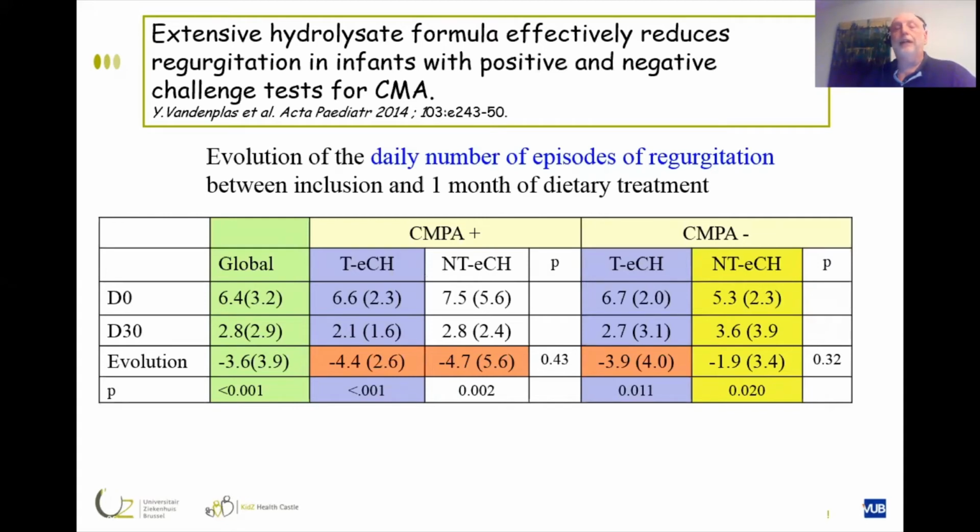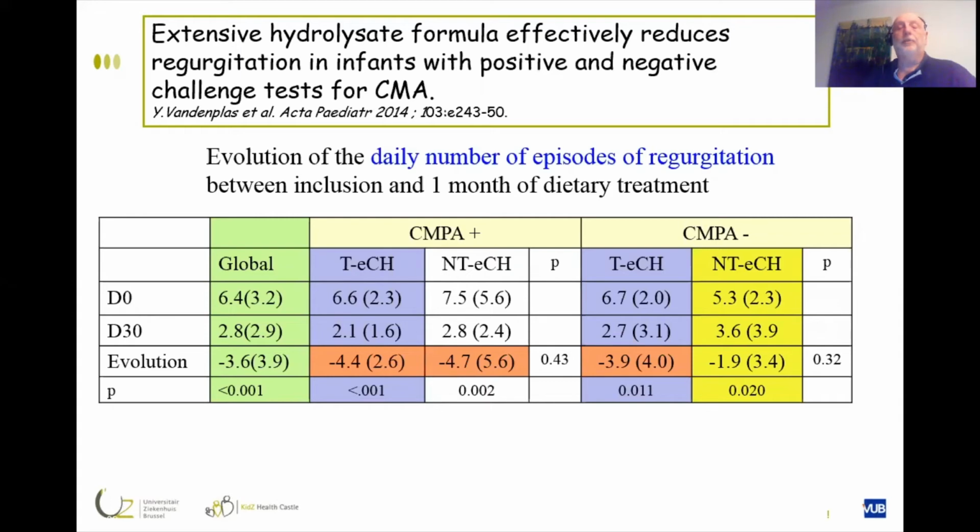So they were divided into a group which was considered cow's milk protein allergy positive, those with a positive challenge test, and cow's milk protein allergy negative. And they were fed either a thickened extensive casein hydrolysate or a non-thickened extensive casein hydrolysate.